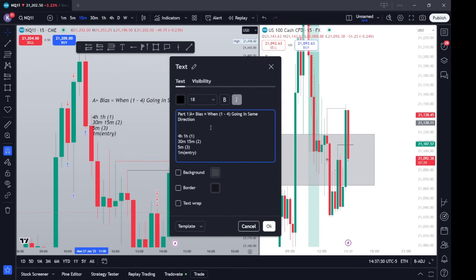So part 1 out of 3 confluences, and A plus bias equals when sections 1 through 4 are going in the same direction. I'm about to sneeze.